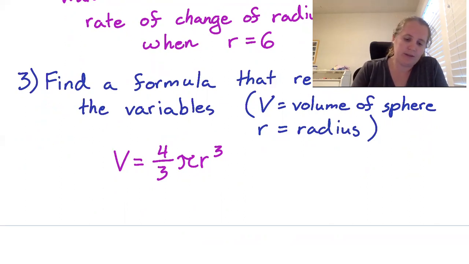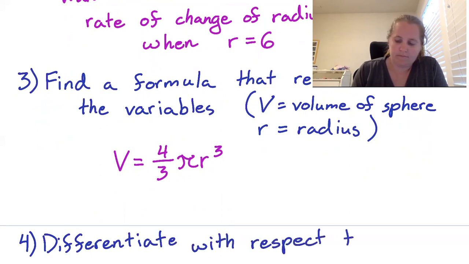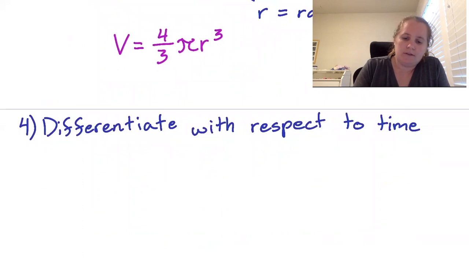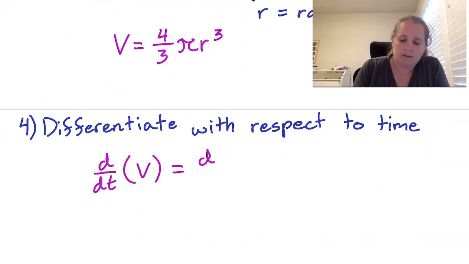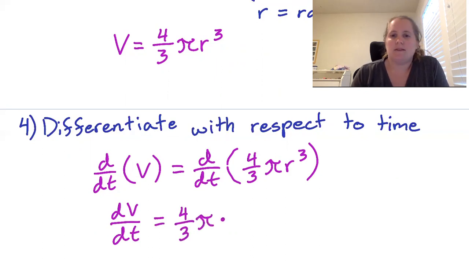So we're going to differentiate with respect to time. So we have, if we differentiate with respect to time, d/dt of V is equal to d/dt of 4/3 pi r cubed, or dV/dt is equal to 4/3 pi times, we would have 3r squared and then times dr/dt.